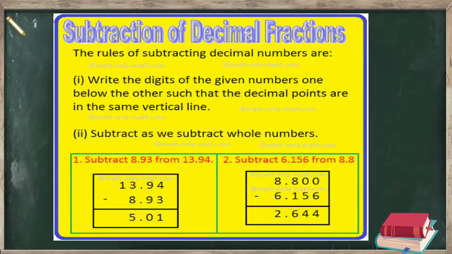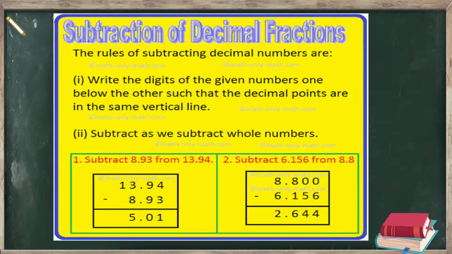As you can see in the example below, 13.94 and 8.93. Here the decimal should be under the decimal only. Then only we can arrange the digits properly. Now 8.93 we have to subtract. So 4 minus 3, the answer is 1. 9 minus 9, the answer is 0.